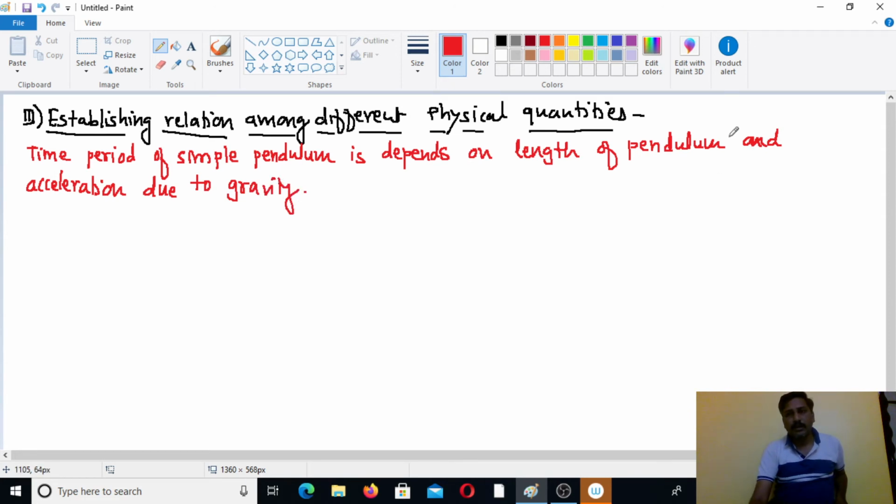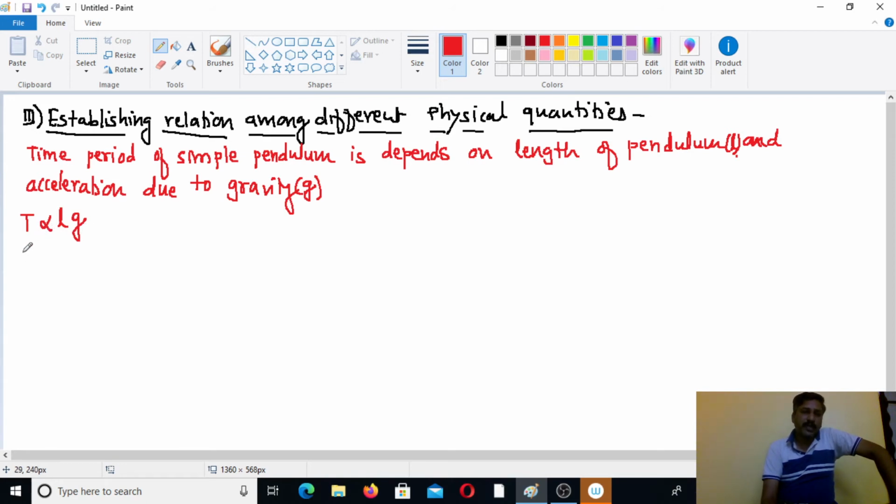Length of the pendulum we express symbolically as L, and acceleration due to gravity as g. Now I will write here, T is directly proportional to L and g.